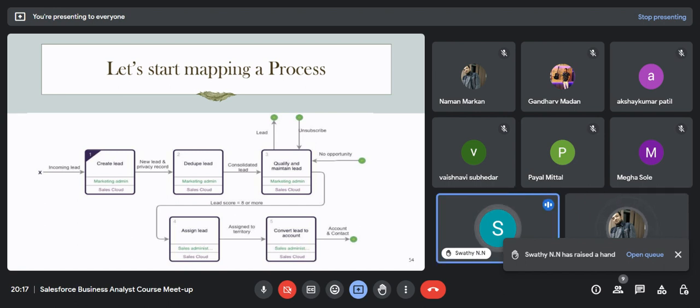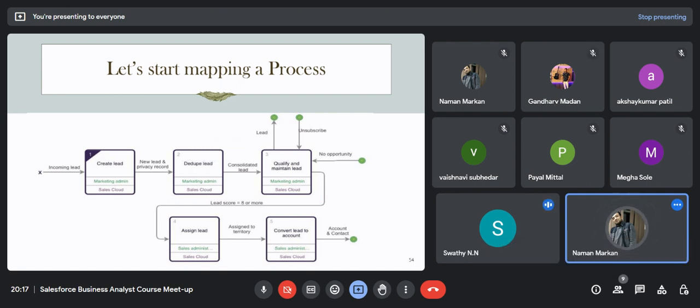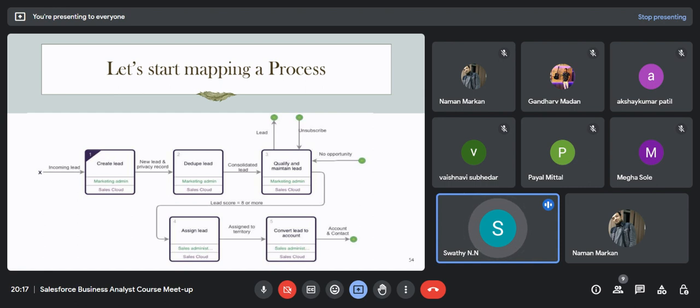Yes, Swati, you raised a hand, please go ahead. Excuse me, Naman. I'm not able to see the screen. I'm not sure what happened. Guys, is this happening with you all? I believe we can see the screen. I'm showing you the let's start mapping a process slide, which is our 54th slide. I'm not able to see the screen now.